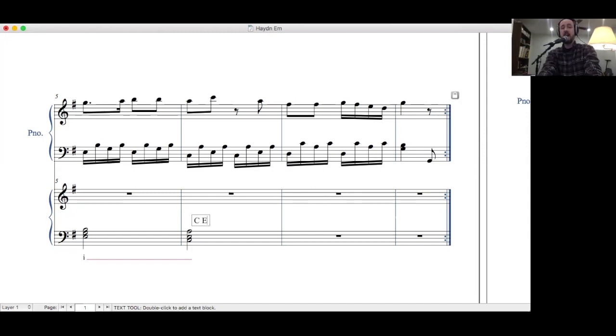Instead, we've got A. Where does A go in this? It's the root, right? Because A up a third is C, C up a third is E. So A is the root. So if A is the root here in the key of E minor, what are we going to call this? It's a 4 chord, right?